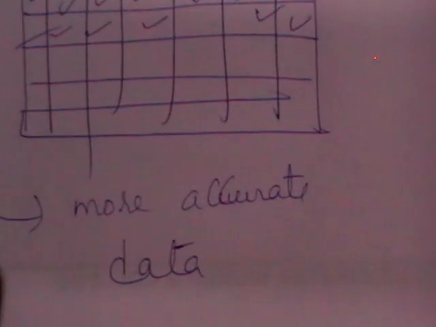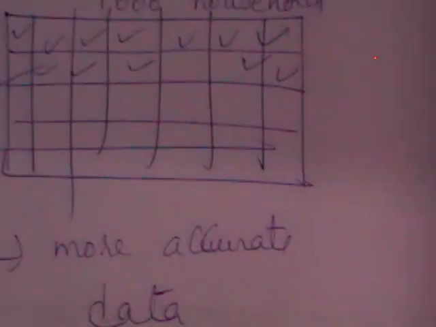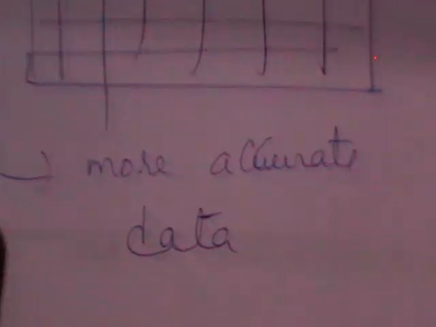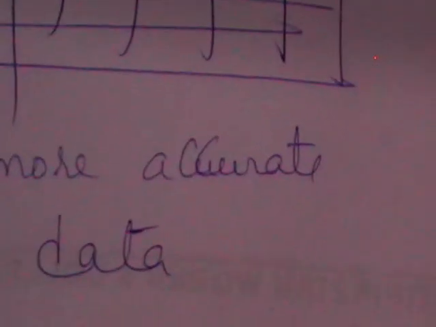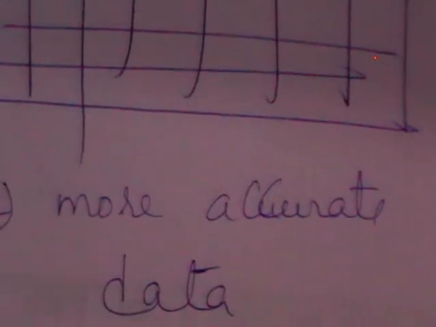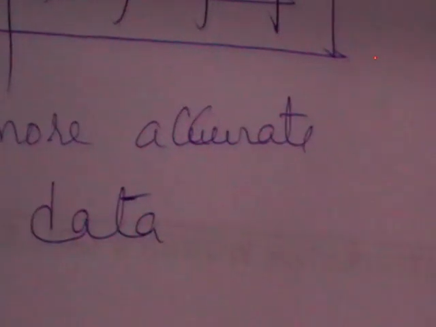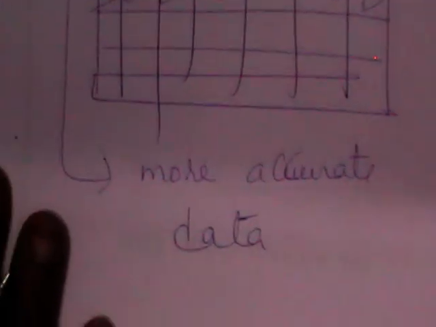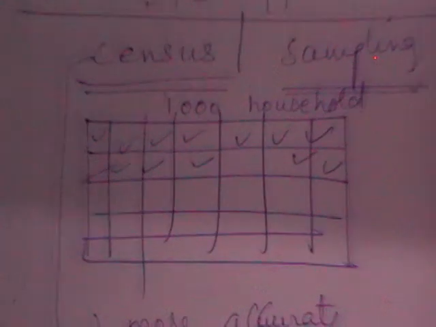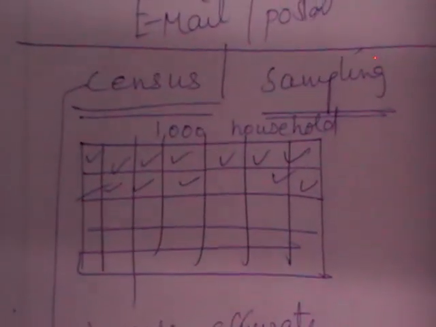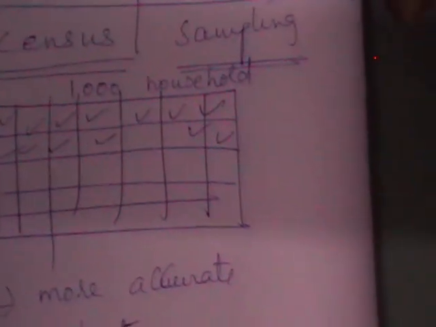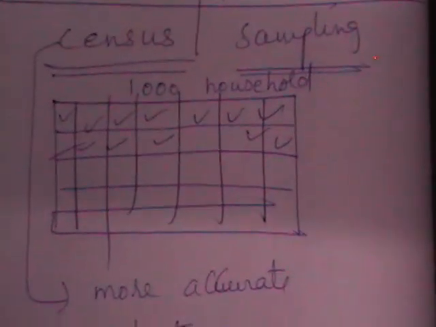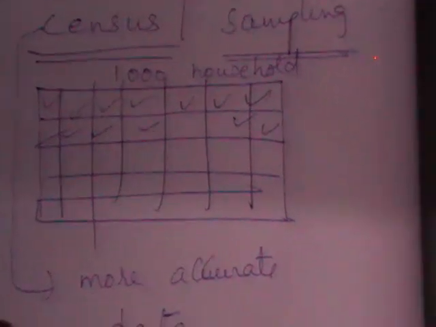But census is done only in a limited way, because it consumes more time and much money. To investigate 1,000 households, the work done by one investigator requires 2-3 months. If he involves more than one investigator, he can get the data in less time. We observe that census is more time consuming, and it also involves a much bigger budget.